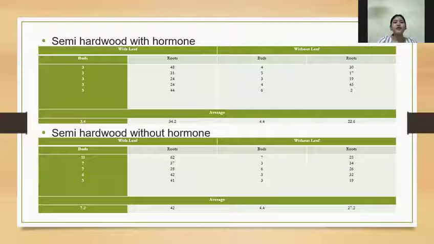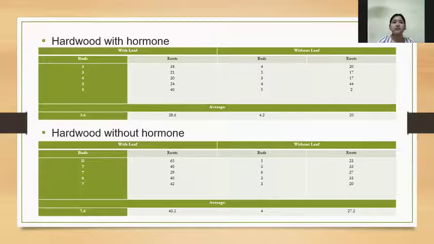And then for semi-hardwood, with hormone and without hormone, also the same. With leaf, they will produce more number of roots compared to without leaf. And lastly, for hardwood, with hormone and without hormone, will also produce the same outcome, which is with leaf, again, produce more number of roots compared to without leaf.